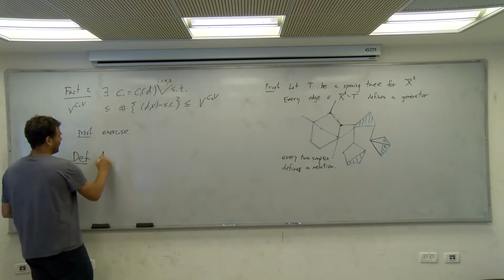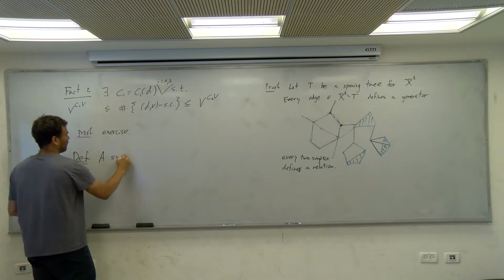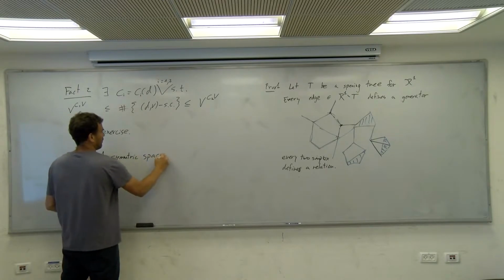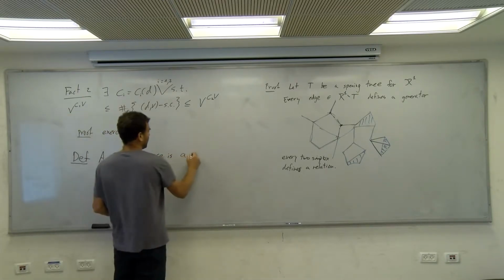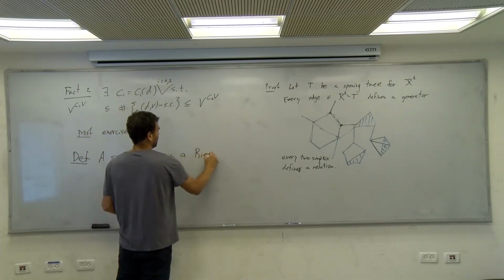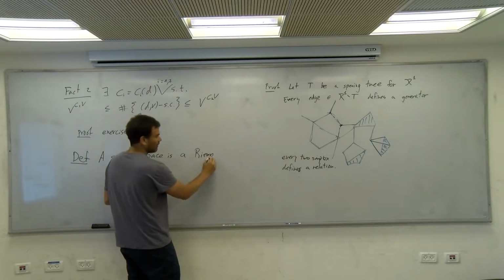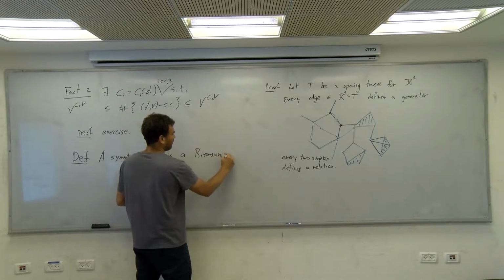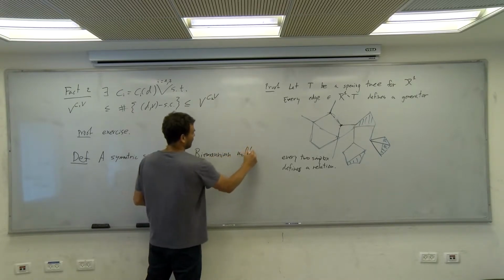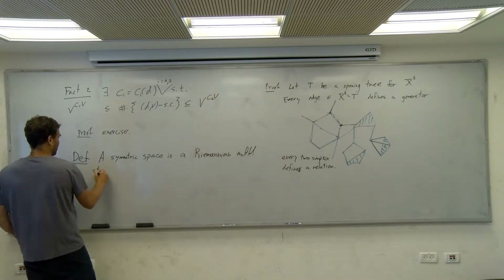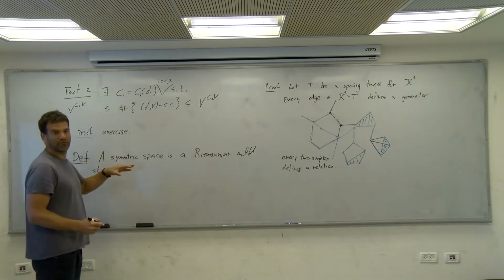So a symmetric space is a Riemannian manifold, 2N or 3N, such that at each point you have a reflection in the point.